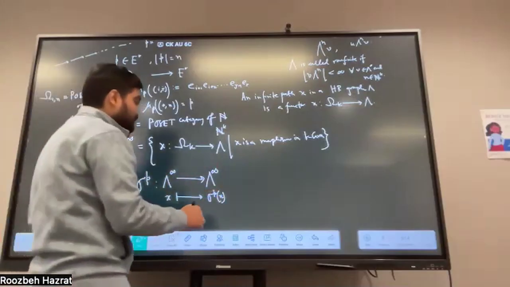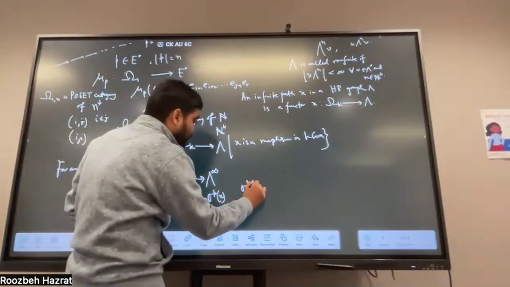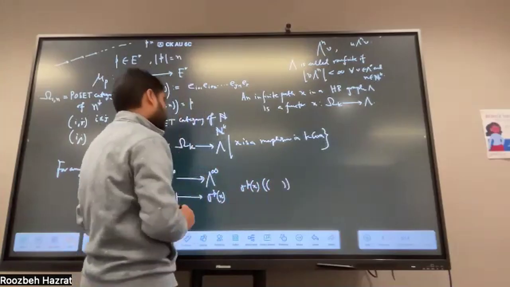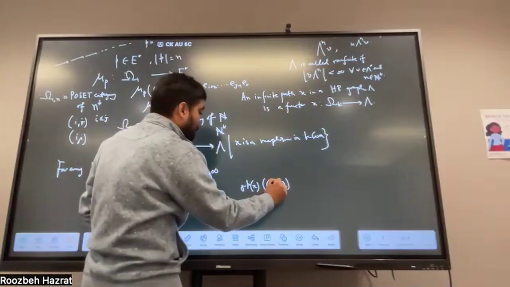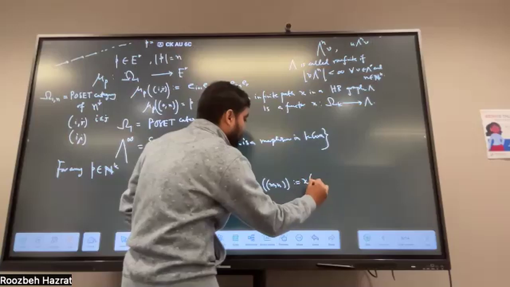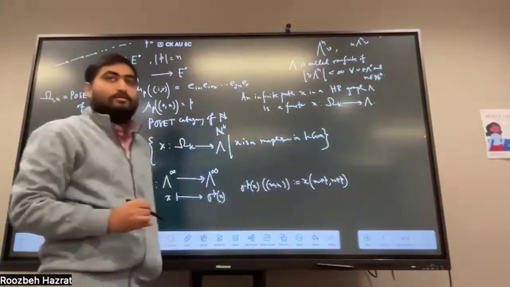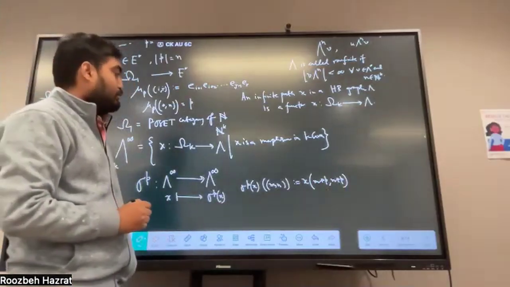I'm claiming that, but I need to define its image. So sigma^P x, if you consider its image of this, say M_n, it is x(m+P, n+P). So deleting an infinite number of entries here?